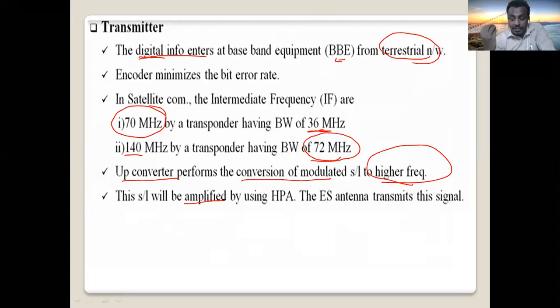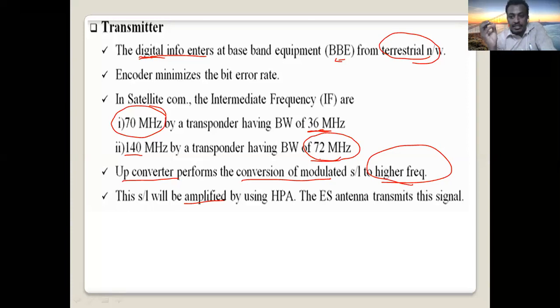Modulated means we have a carrier signal with modulated digital data, and it is converted into high frequency. Now it's a 6 gigahertz carrier, up converted from 70 megahertz to 6 gigahertz by a mixer.